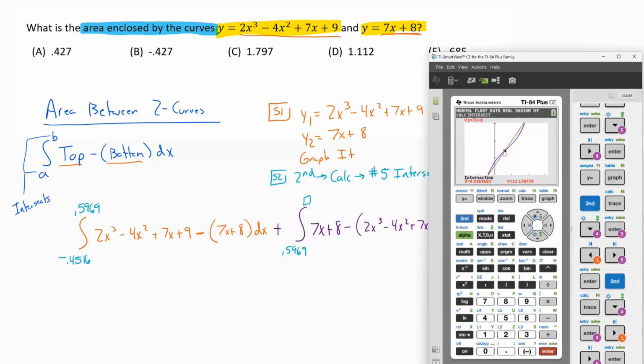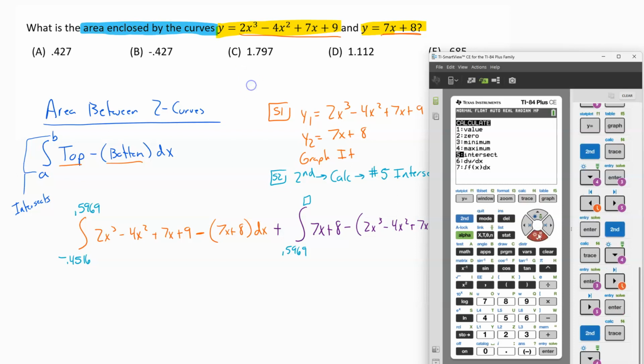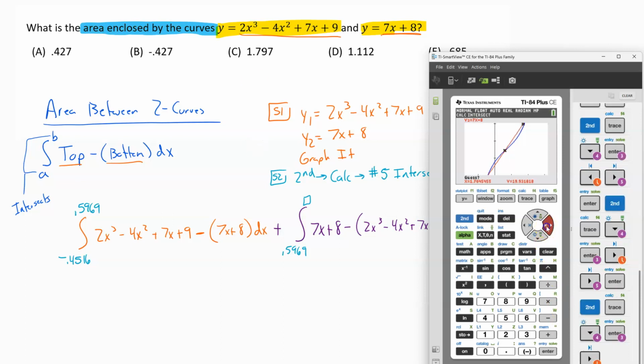So open the calculator back up, back into calc our intersect, second calc, choose that number 5 option, intersect. First curve, just hit enter. Second curve, just hit enter. And then again, on the guess now, we're just going to scroll up to the right here so we're close to that intersect at the top. Hit enter a third and final time. We get out our intersection, and that x value is what we're looking for. 1.8546.